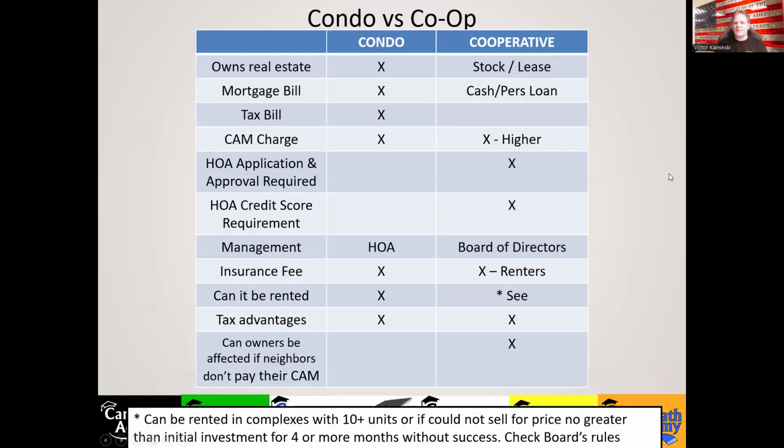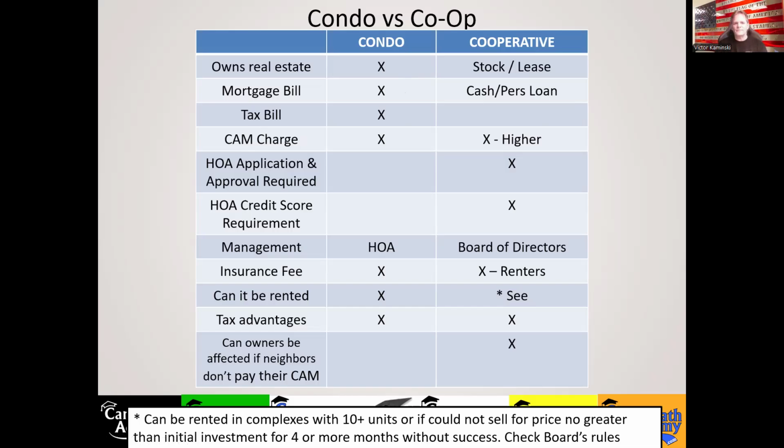Put together this side by side for you. Condos versus co-ops. You own real estate with a condo, you have stock and a lease with a cooperative. Mortgage bill, you do with a condo; co-ops, cash or personal loan. You get a tax bill with a condo, not with a co-op, because it's built into your monthly maintenance charge.